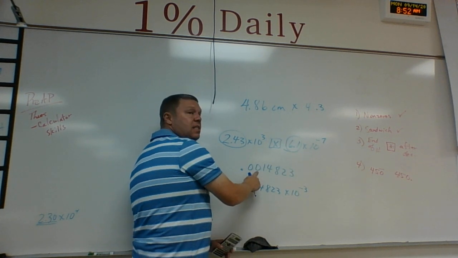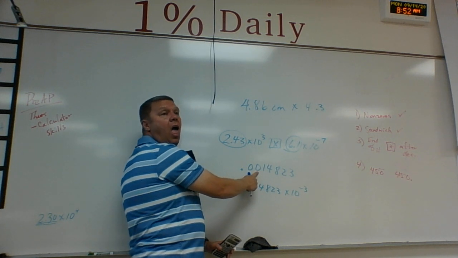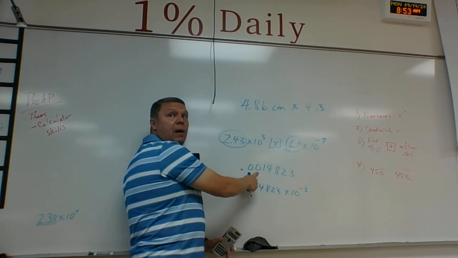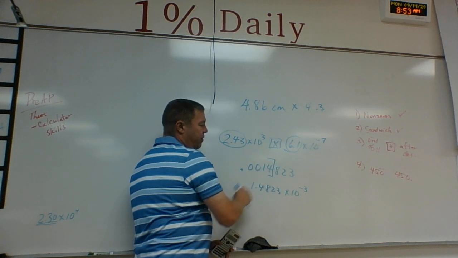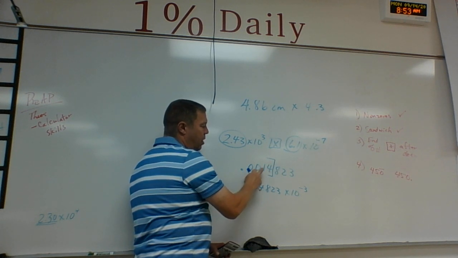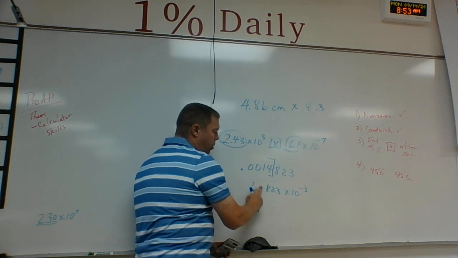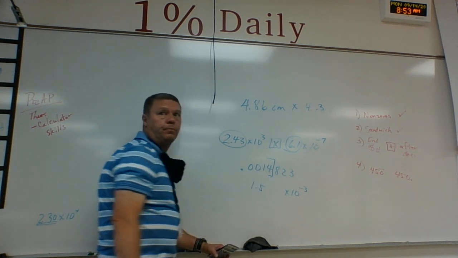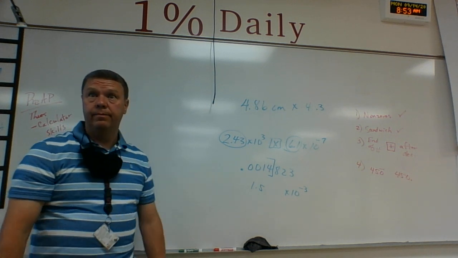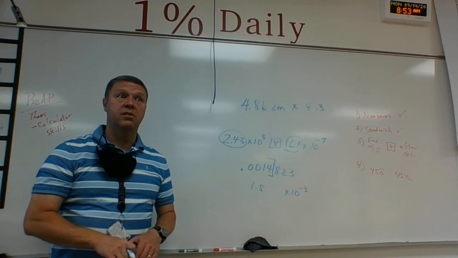Doesn't count. Why? They're placeholders. They're not part of the number, right? 1, 2, stop. So that should be a 5. So 0.0015 or 1.5 times 10 to the negative 3. And you had it. Does everybody see how to do this?